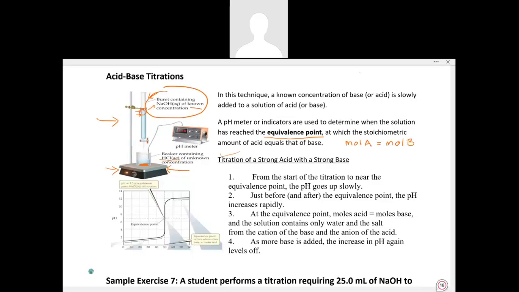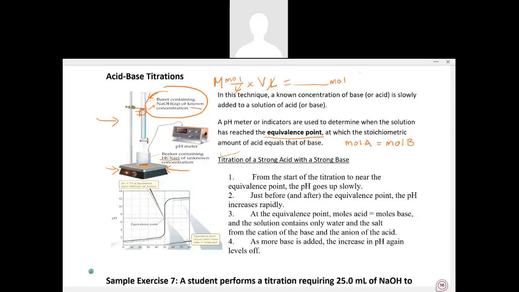Moles can be calculated using the molarity, the known concentration of the solution, times the volume that we dispensed. Because if you remember, molarity is measured in moles per liter. And when we multiply by our volume in liters, these will cancel out, and we'll end up with our amount of moles to reach our equivalence point.